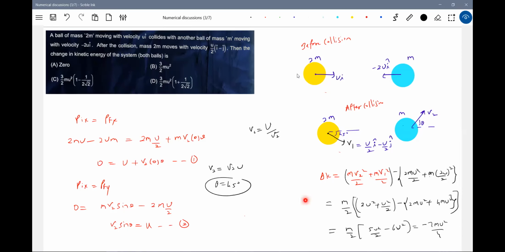Here the 2 is missing. V1 has mass 2m. Yeah, okay, that will become again u square only. Three u square. Okay, we are getting 3u square minus 6u square. M should not be there.